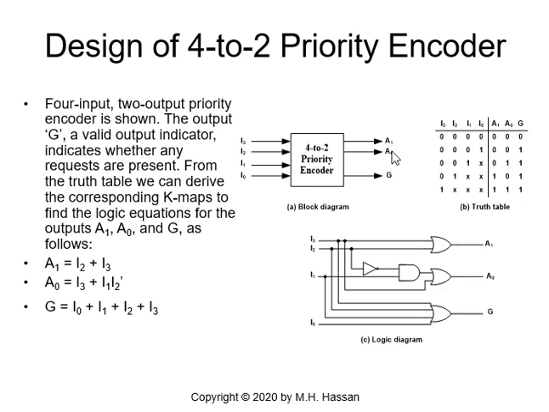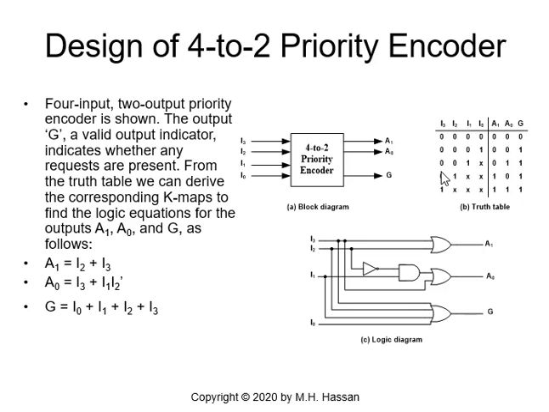G is a signal called a valid output indicator. It indicates whether any requests are present. From the truth table, we can derive the corresponding K-maps and find the logic equations for the outputs A1, A0, and G. So this is the truth table.